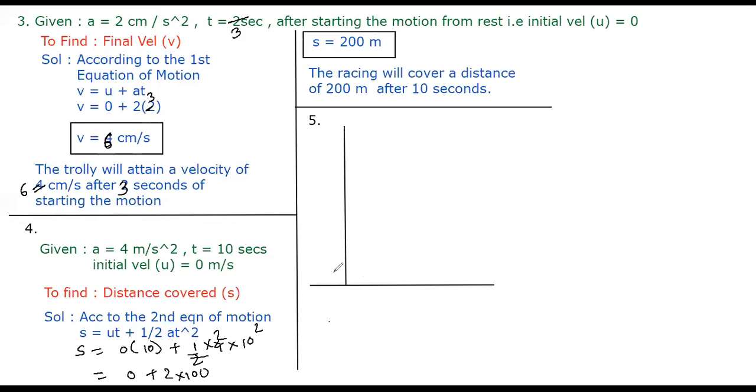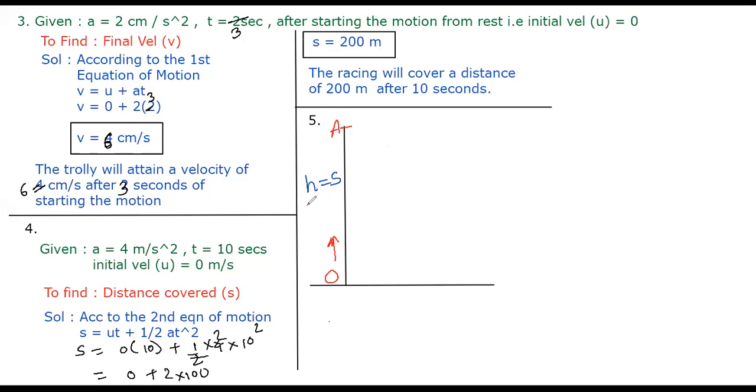Say from ground level O, it was thrown upwards and it reaches a point A. So what is this OA? Height, the distance traveled, S. The distance traveled by the stone is this. Correct?